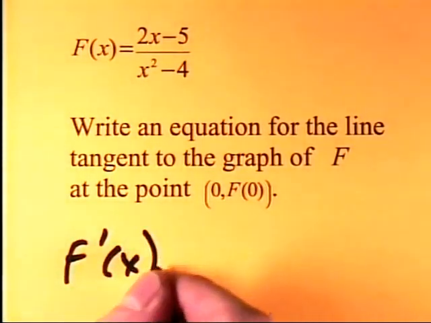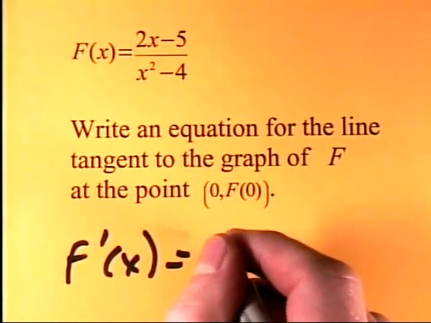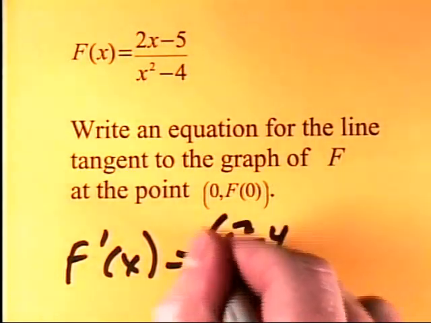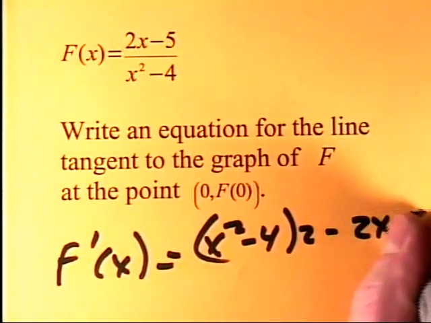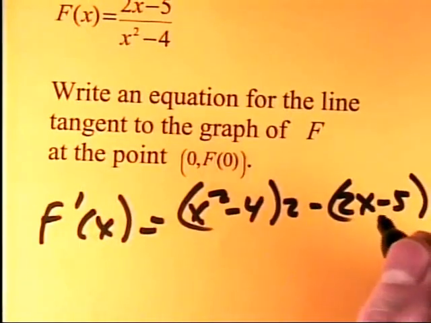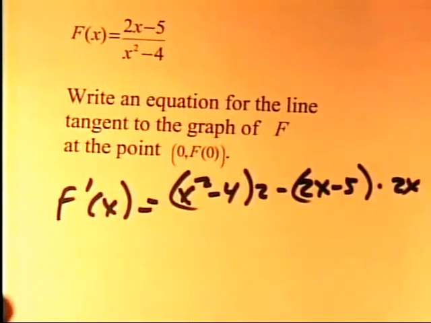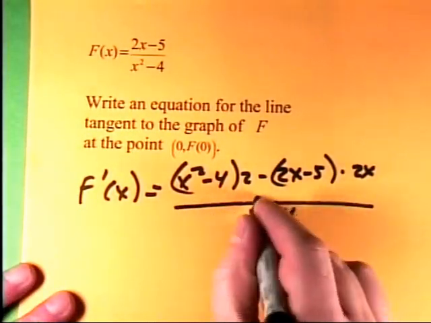What's the derivative of that? x squared minus 4 times 2 minus 2x minus 5 times 2x, divided by x squared minus 4 squared.